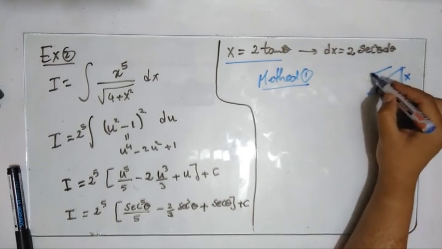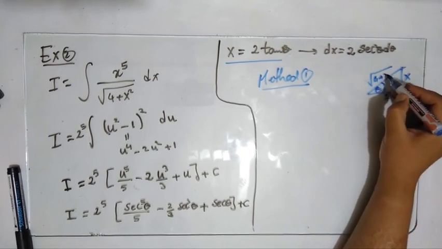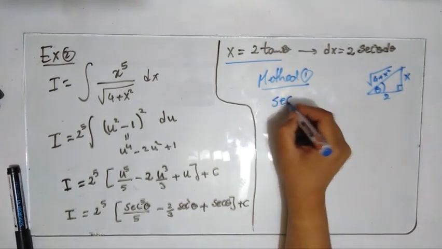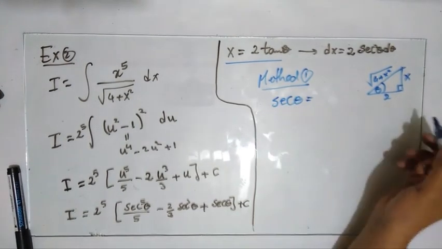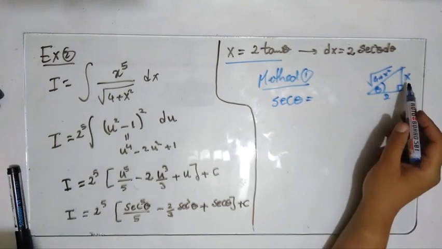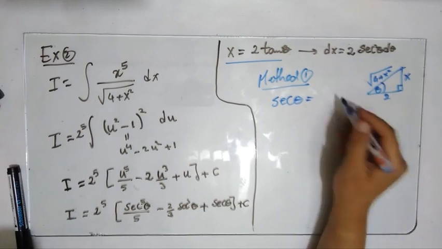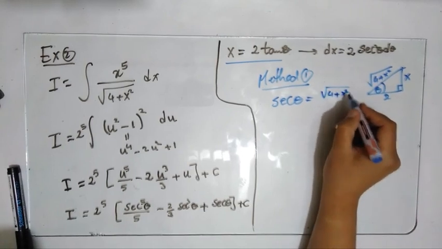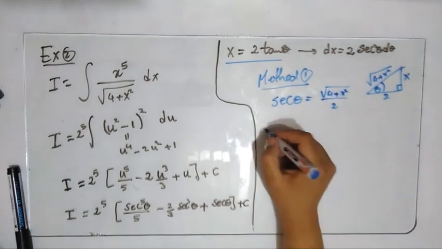Okay, so the hypotenuse is going to be the square root of 4 plus x squared. So if I want to write sec theta, which is the reciprocal of the cosine, the cosine is 2 over the square root of 4 plus x squared, so sec theta will be the square root of 4 plus x squared over 2. So this is the first method.